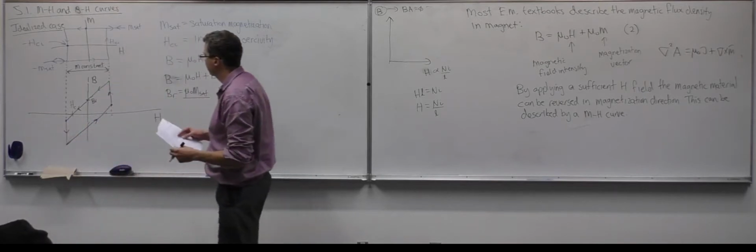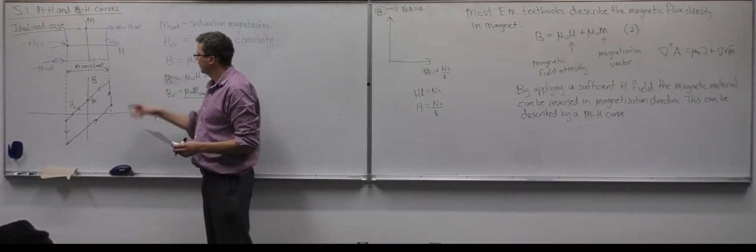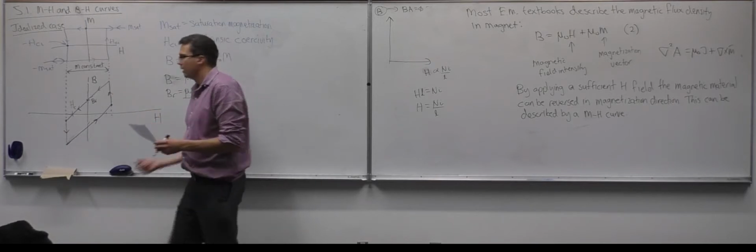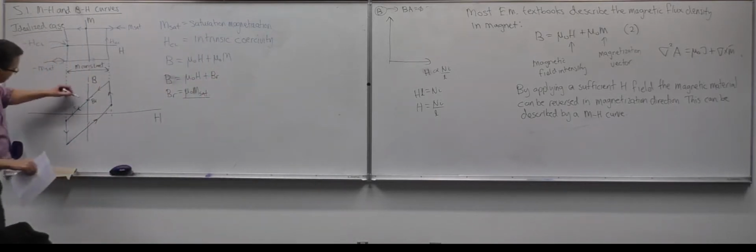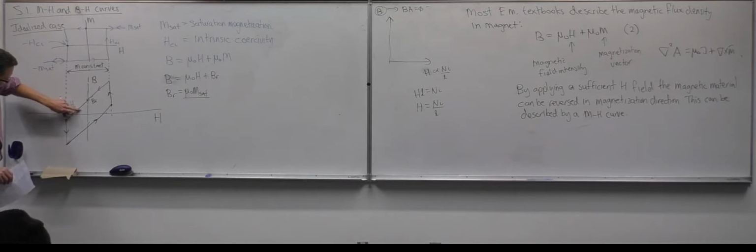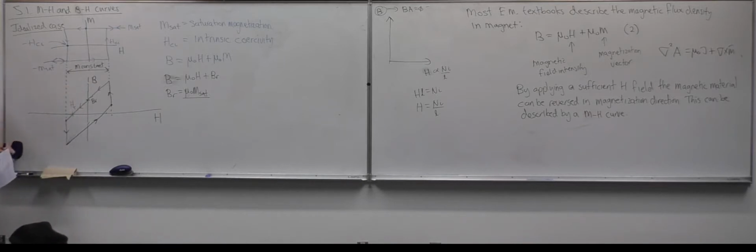So this is the BH curve, and this part here is linear. It's a linear path going down until we hit the HCI, intrinsic coercivity, and then it becomes nonlinear. Okay, does that make sense?